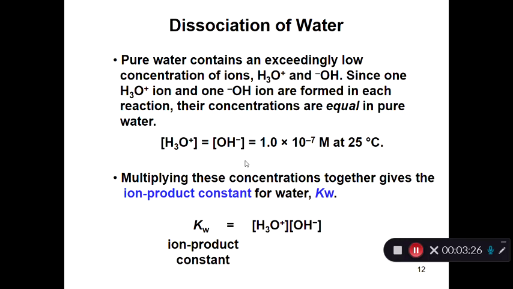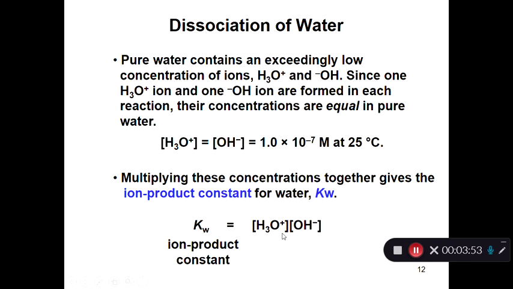Whenever I have NaCl in water, water always makes H3O plus and OH minus. So I can write this equation for all solutions in aqueous form, with water as a solvent. This formula applies to all aqueous solutions.